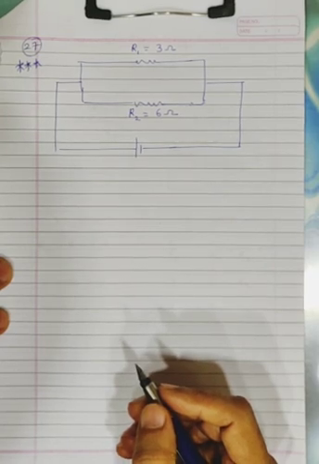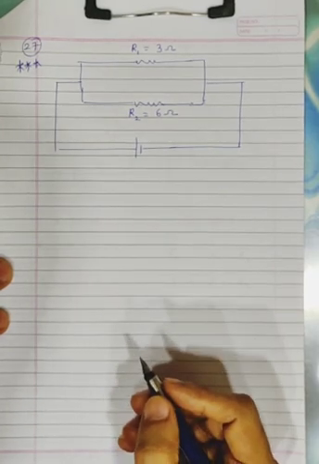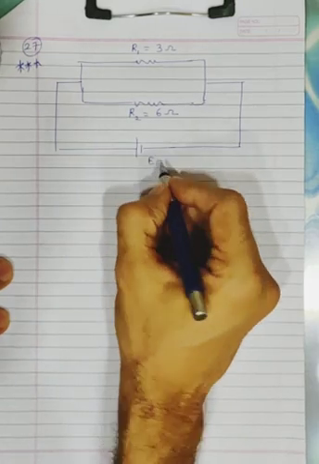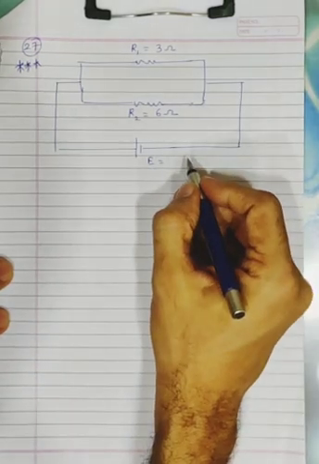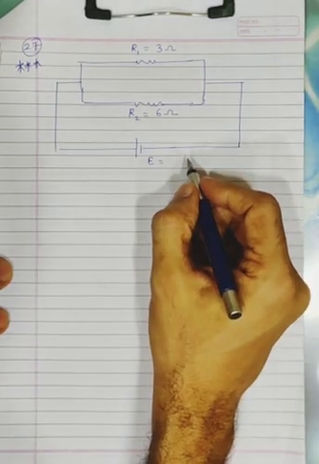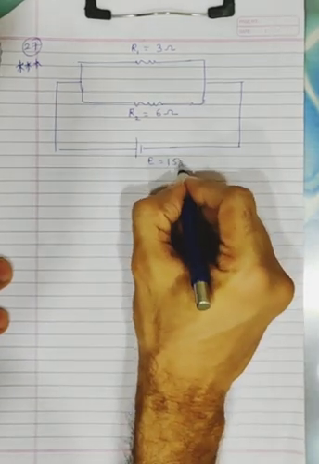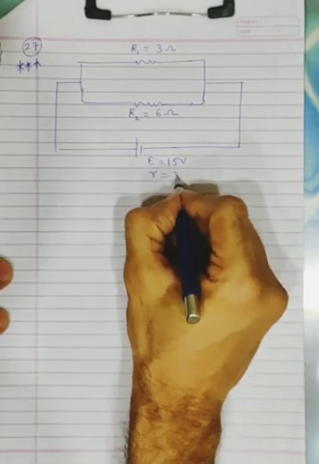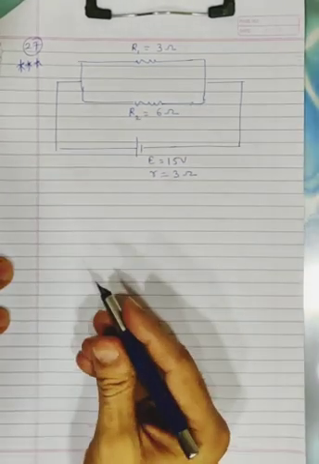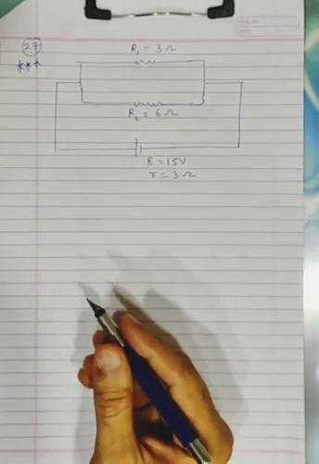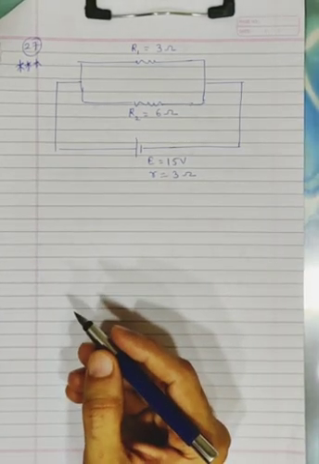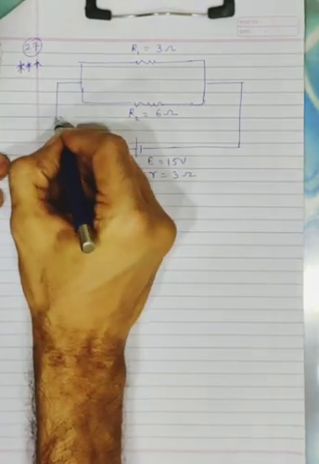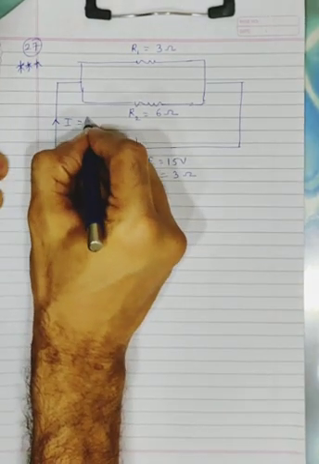Now, EMF is given to us as 15 volt. Small r is equal to 3 ohm. What do you have to find in the problem? You have to find the current through the battery, that is, the current flowing in the battery.